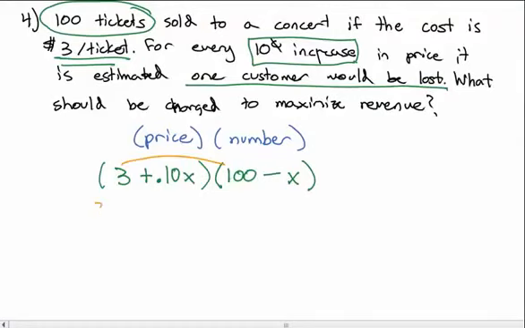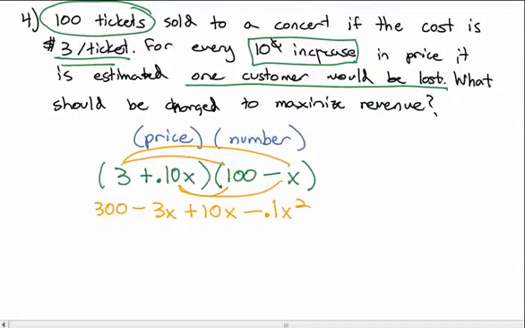Multiply this out, gives us 300 minus 3x plus 10x minus 0.1x squared. Combining like terms and putting things in order, negative 0.1x squared plus 7x plus 300.